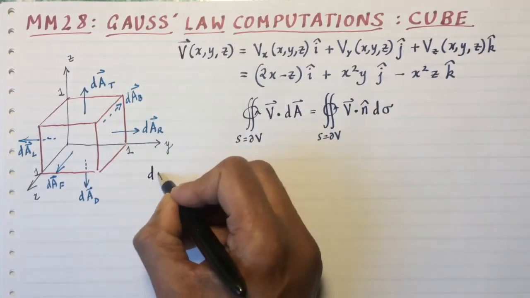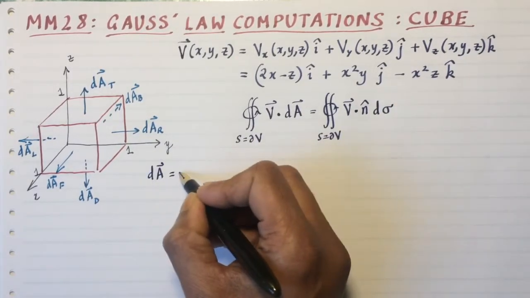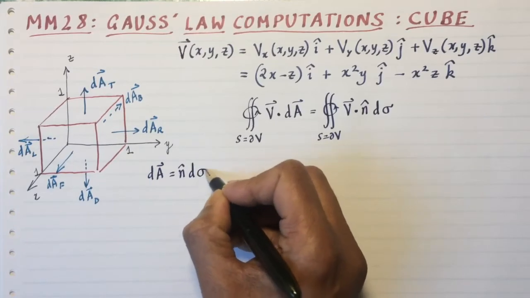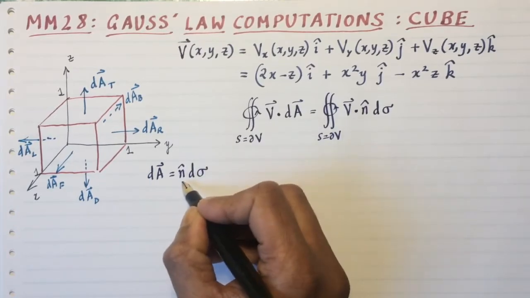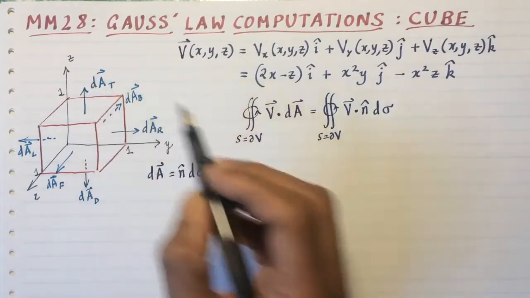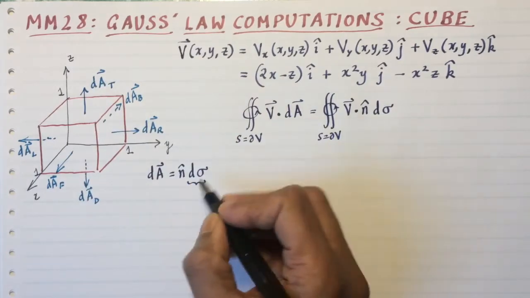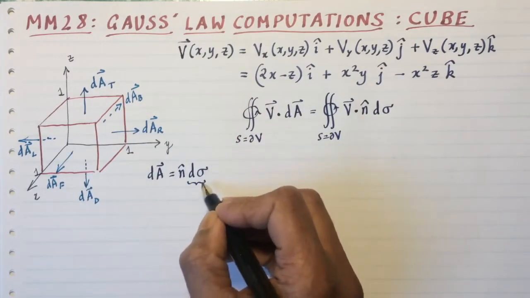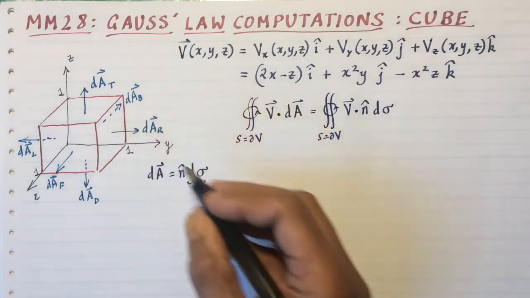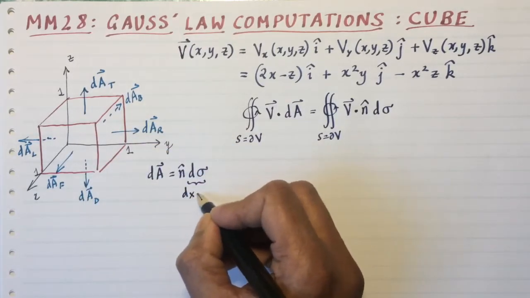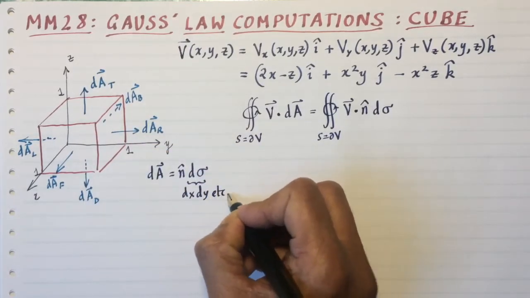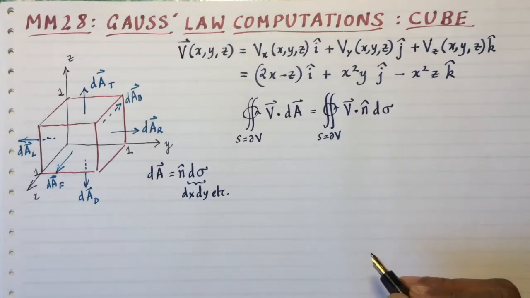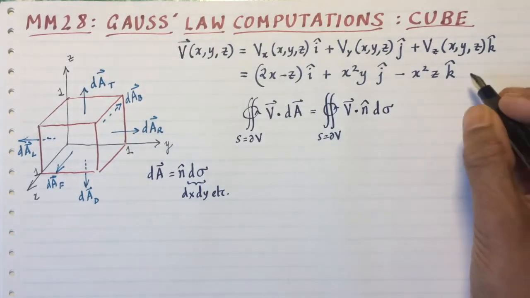In other words, I'm writing the area vector dA as some unit vector n hat times d sigma, where n hat is the direction in which the area vector is pointing, and d sigma is just some measure on the surface. In this case, since it's a cube, it's going to be a Cartesian measure like dx, dy, etc. So that is the left-hand side of Gauss's law.